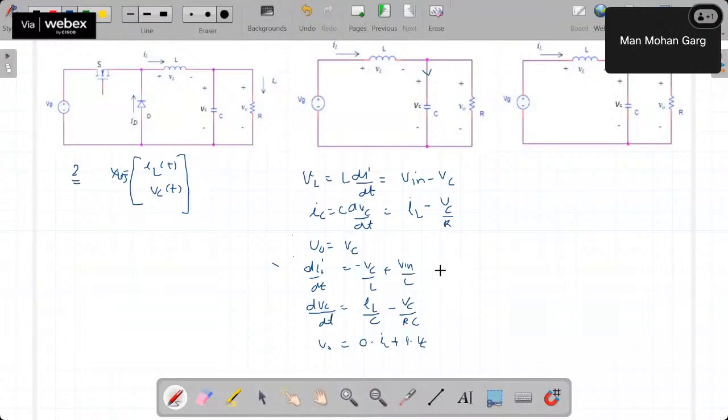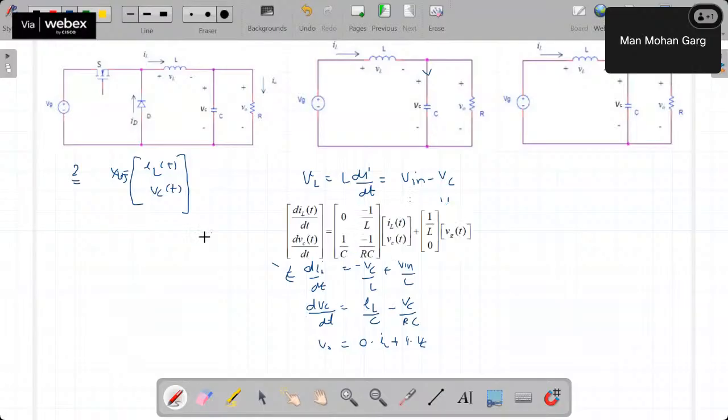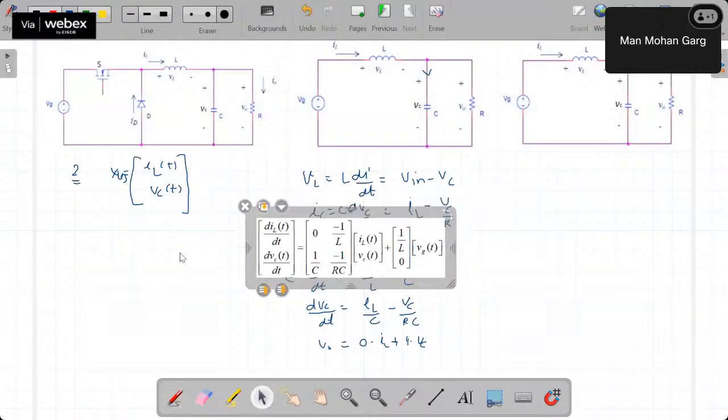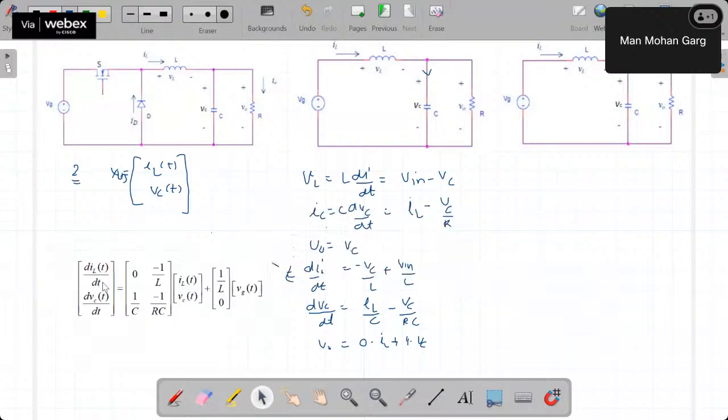So if I write it in state space form, then what do I get? I get this equation, right? I form dIL upon dt is equal to IL. There is no coefficient of IL, so this will be 0.